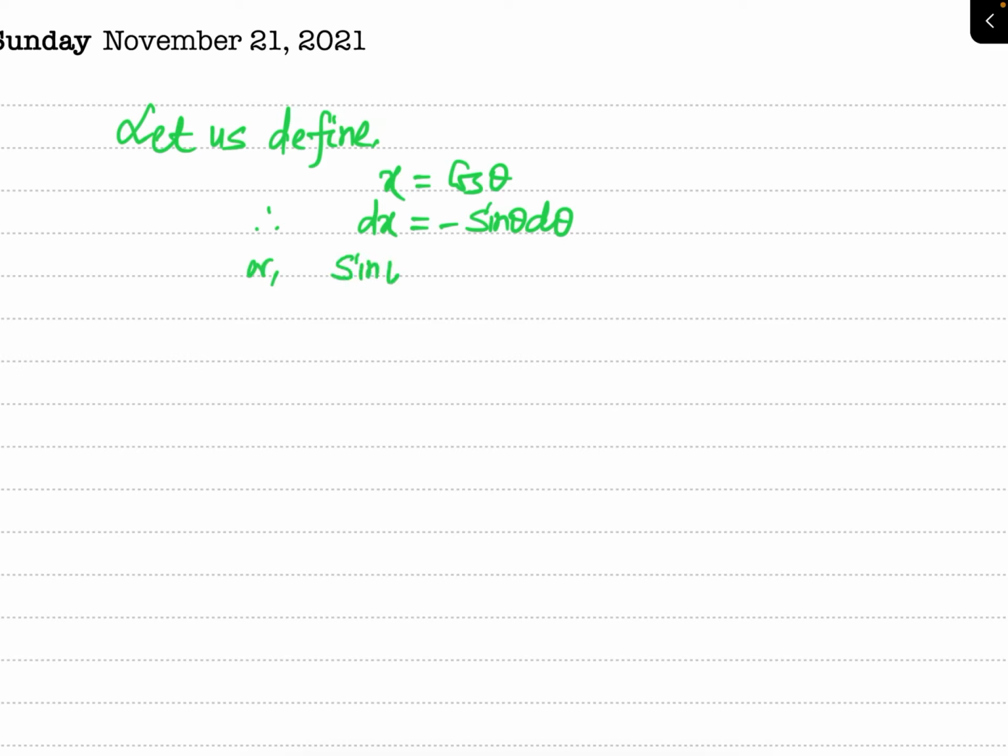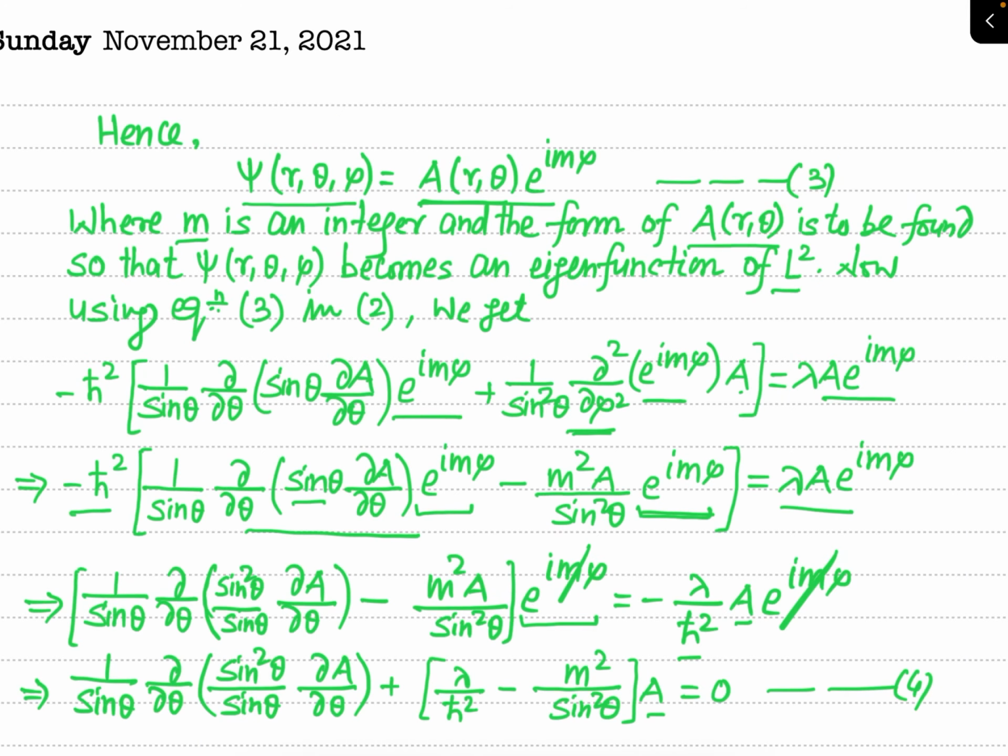Or you can say that this sine theta d theta will be equal to minus dx. And as x is equal to cos theta, sine square theta will be equal to 1 minus cos square theta, and this is 1 minus x square. Now let us make use of these relations in our equation 4.